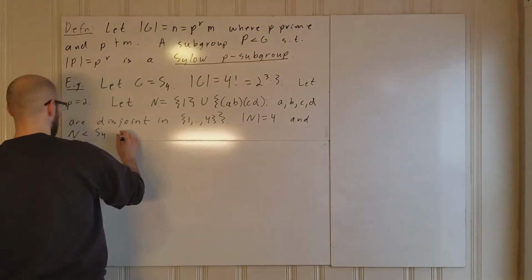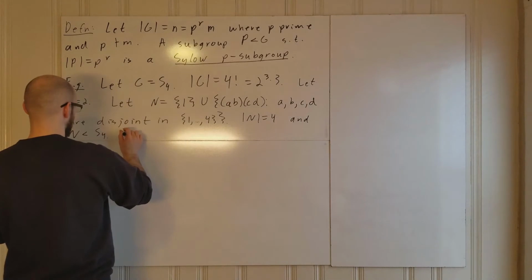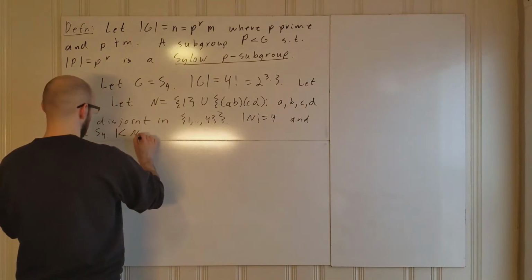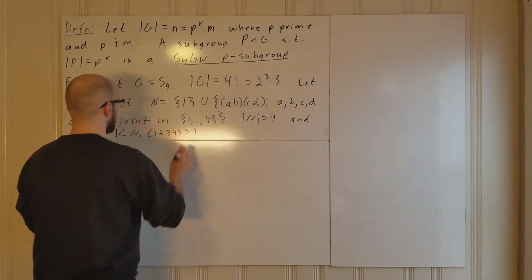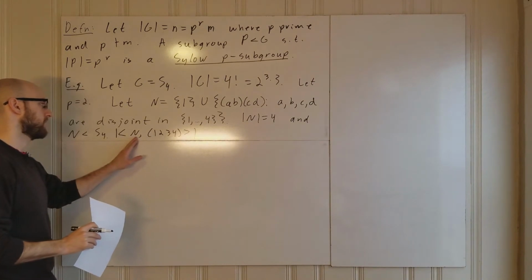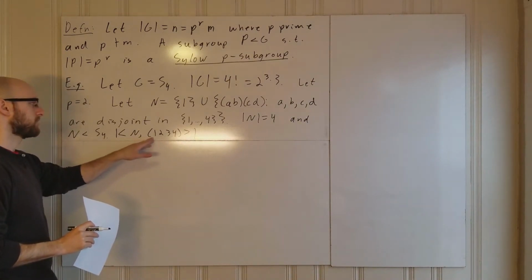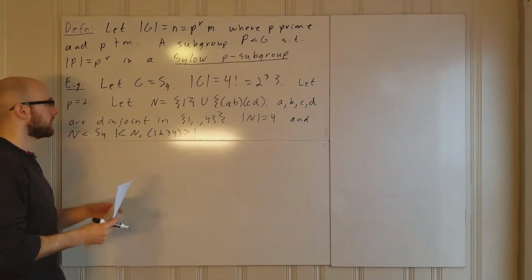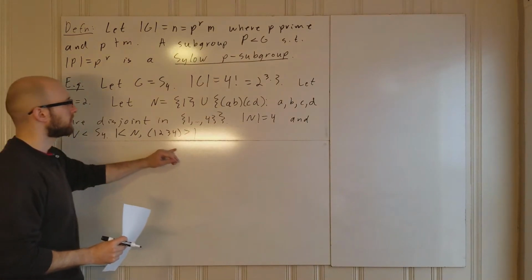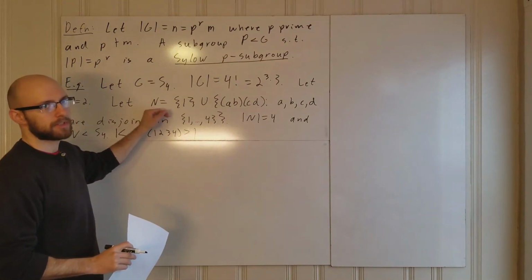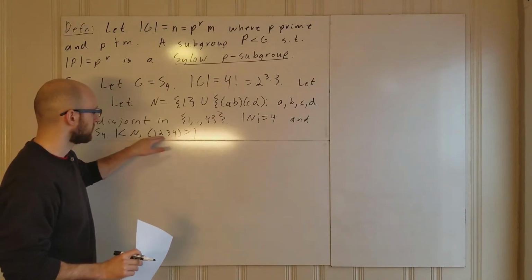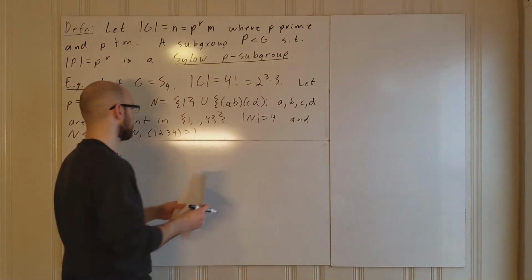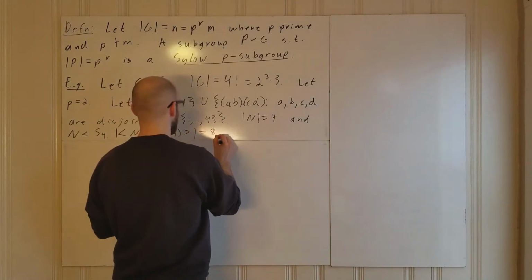However, you can do the work here, but if you look at the subgroup generated by N and just the element (1 2 3 4), then basically you're going to associate with every element of N another element from here. And so this is going to be 8.